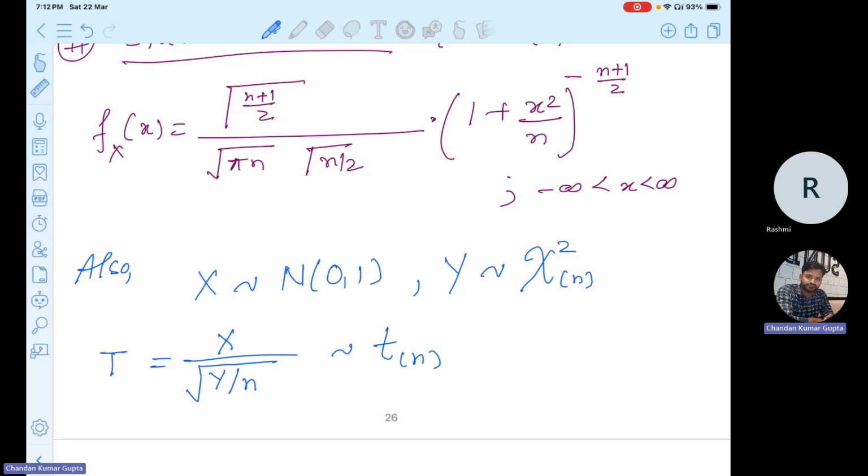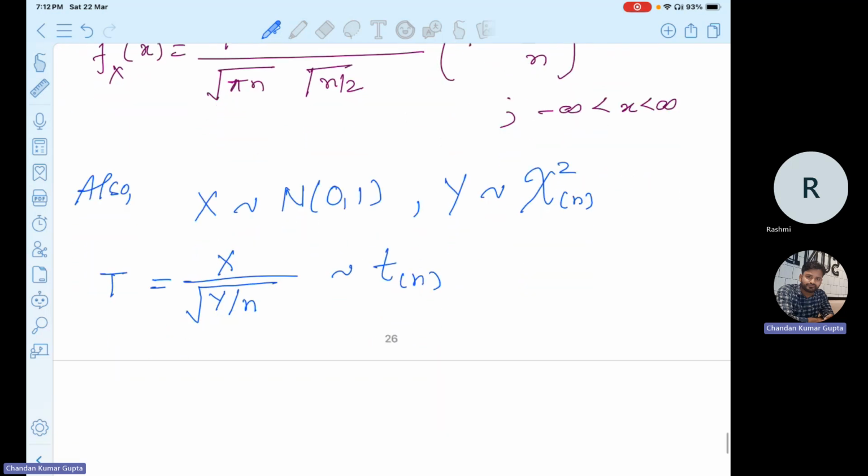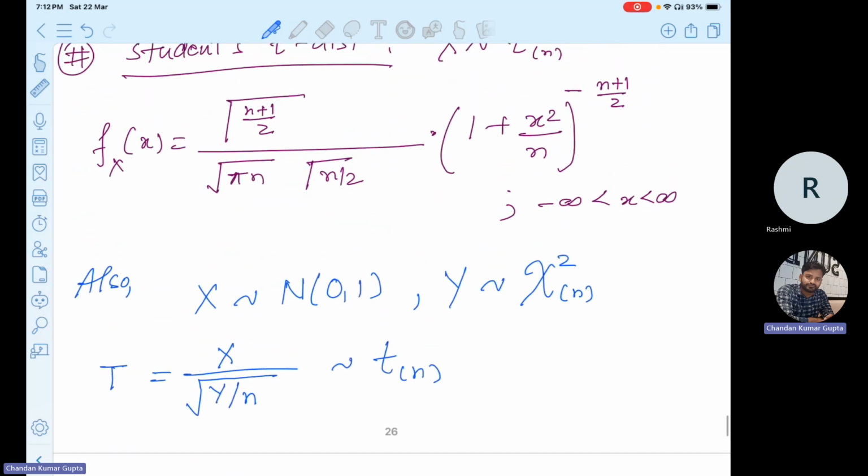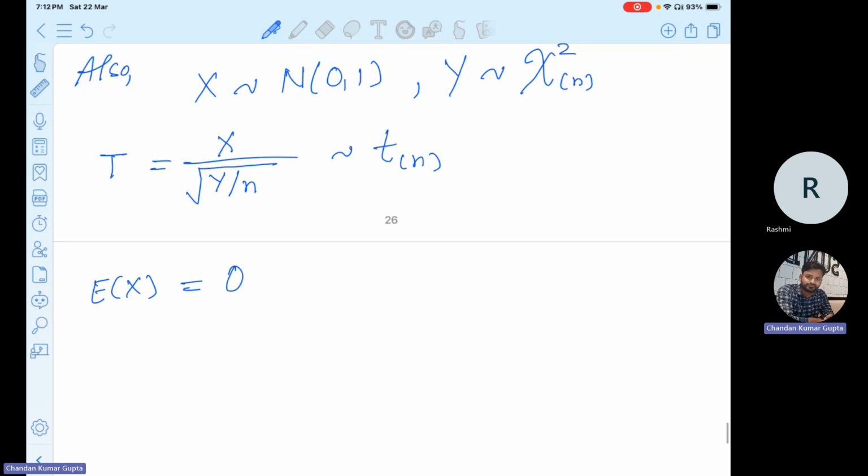Also, the expected value of the t distribution is 0, and the variance of the t distribution is n upon n minus 2 for n greater than 2.